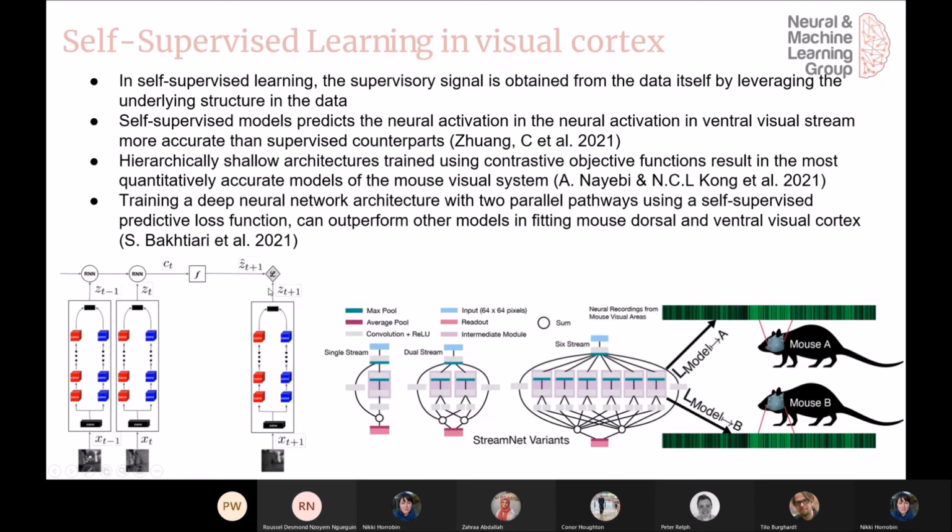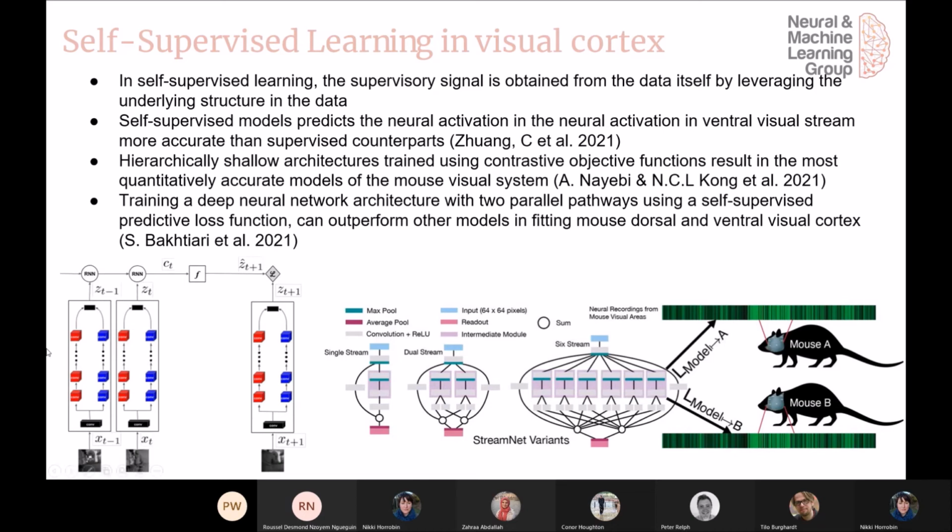Neuroscience has been trying to understand what's a better architecture for the visual cortex, right? They started with AlexNet, and they were also trying different learning algorithms.